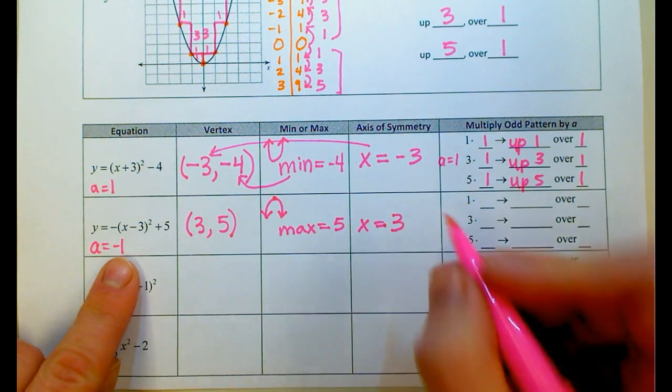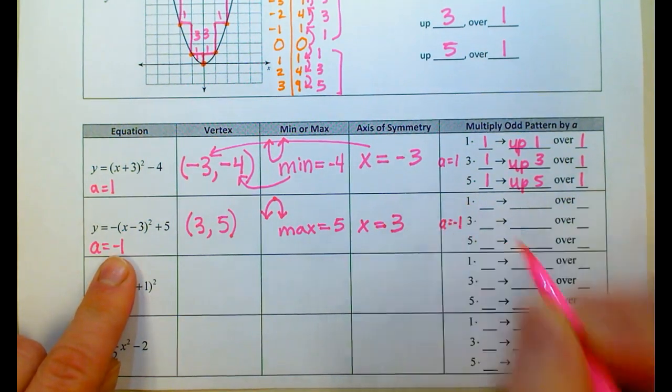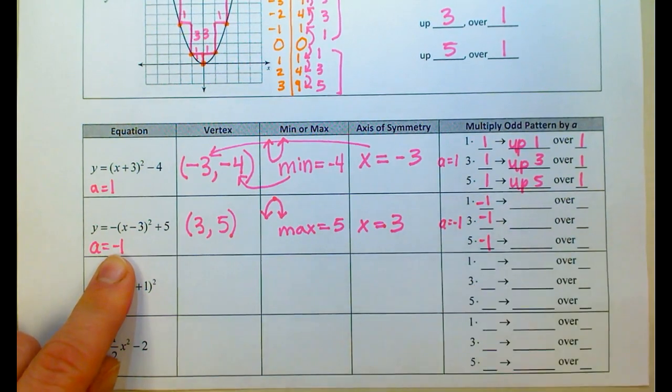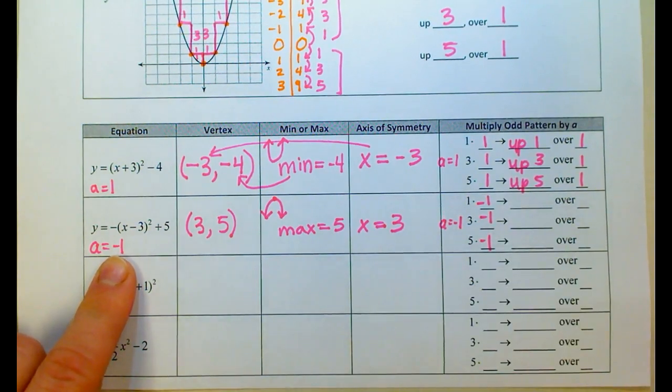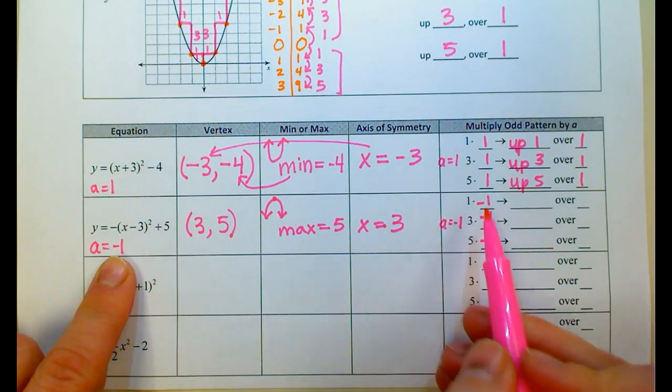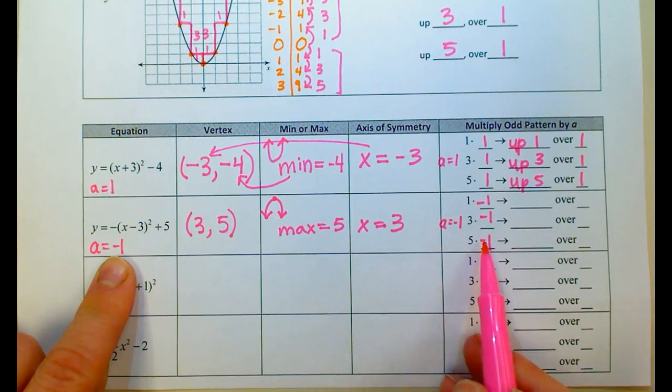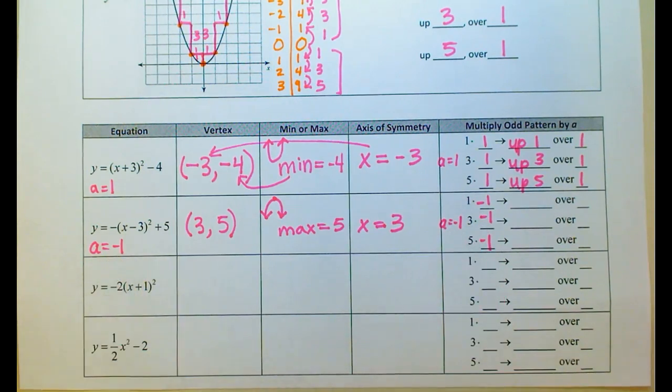This time my a value is equal to -1, so that's the number I'm going to multiply my 1, 3, 5 pattern by. This time the number's not changing, but it's going to be the negative, -1, -3, and -5. So the only thing that's going to change is the direction.